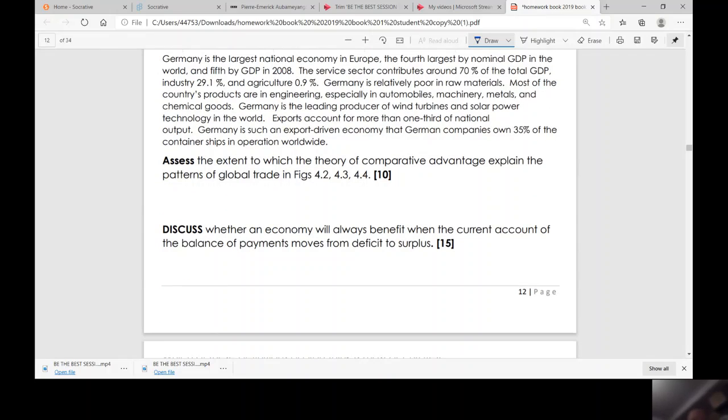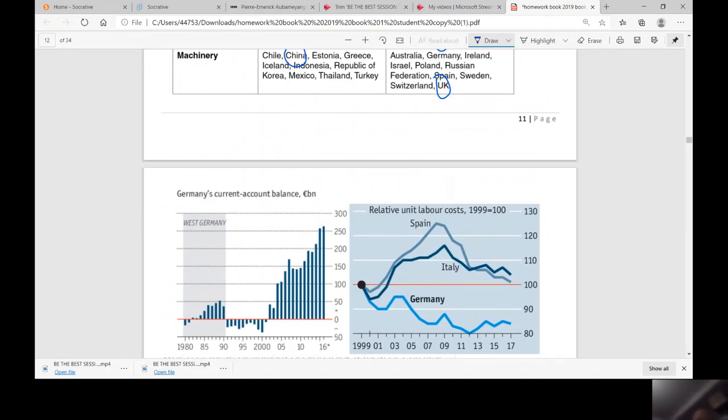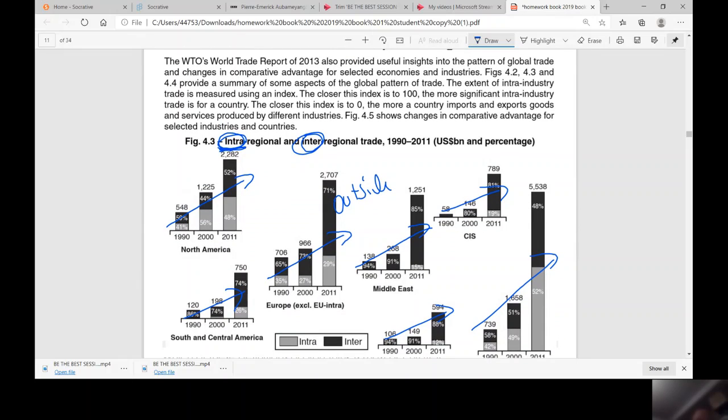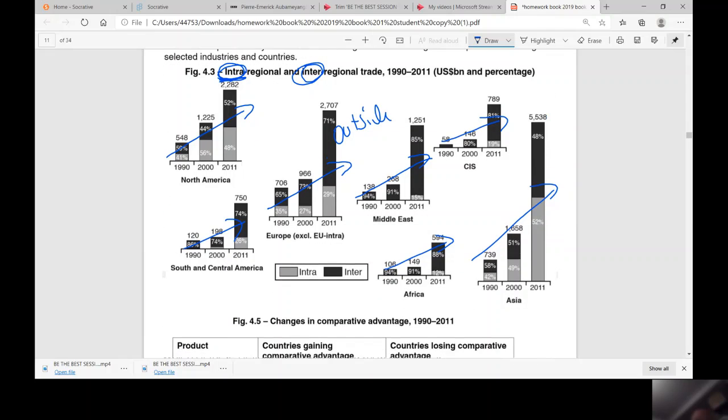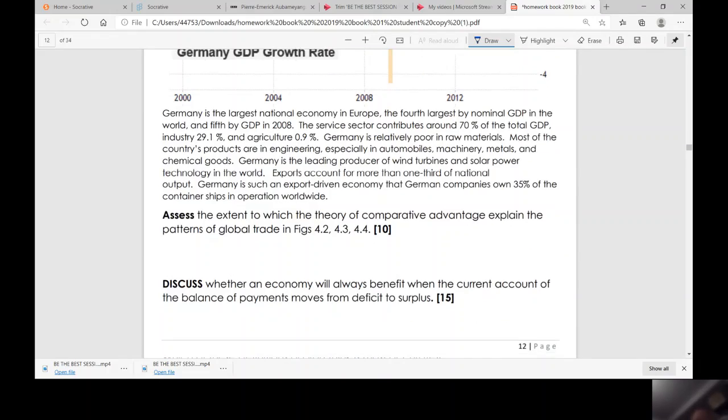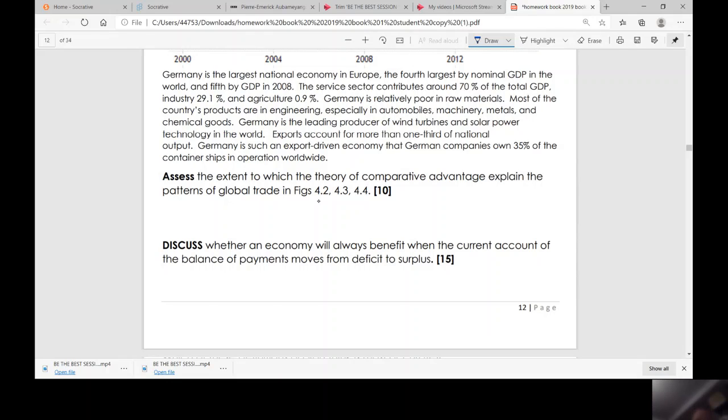So the first question is the extent to which the theory of comparative advantage explains the pattern of global trade. So you've got some examples there of trade increasing over time. You've got more trade also globally for some regions and more trade locally for other regions. So you need to explain comparative advantage first and how that may explain those trade patterns.